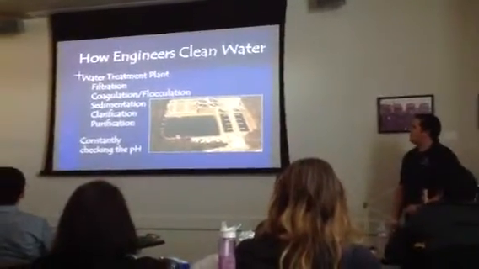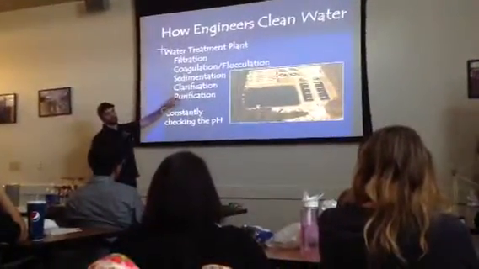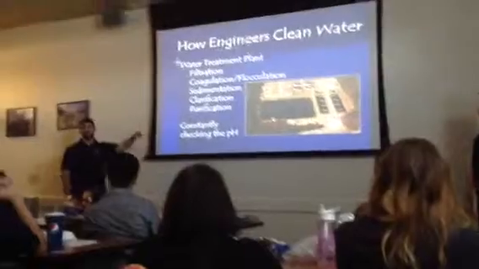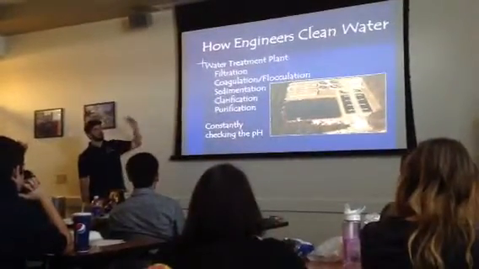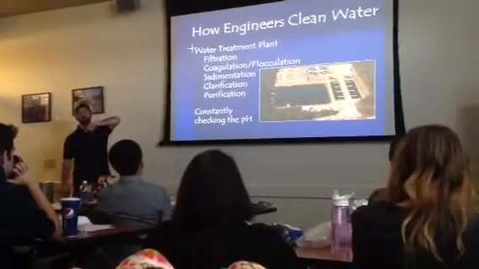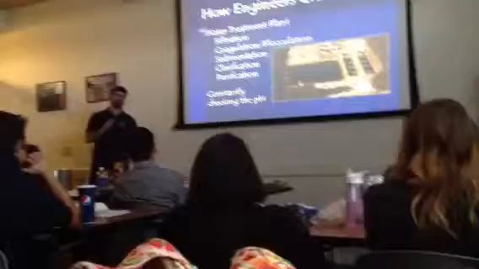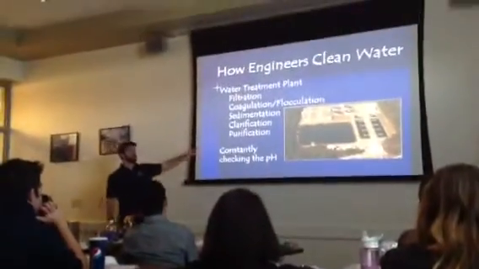So how do we actually clean water? There's all sorts of different methods on how to clean water, but I believe for today's purposes we're going to be focusing on filtration and purification. What I mean by that is we use filters. We're going to talk about that in more detail.